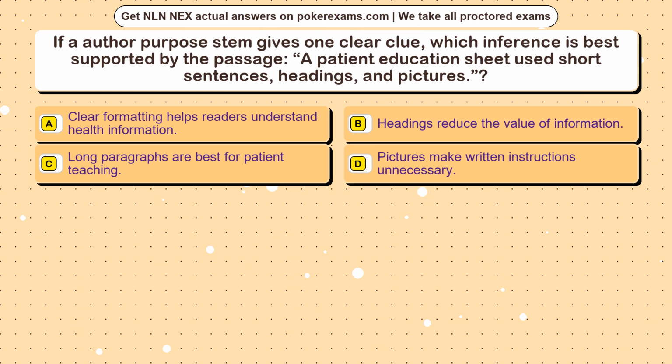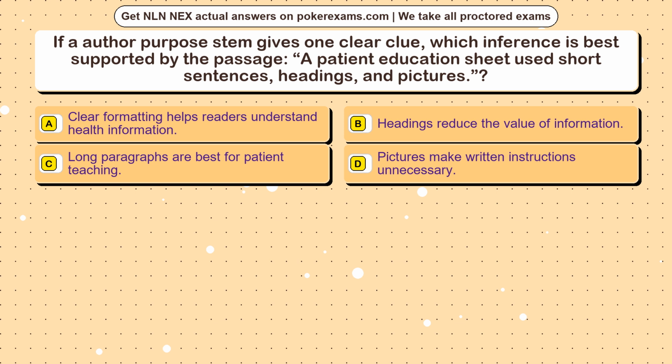Question 4. If an author-purpose stem gives one clear clue, which inference is best supported by the passage? A patient education sheet used short sentences, headings, and pictures. Option A. Clear formatting helps readers understand health information. Option B. Headings reduce the value of information. Option C. Long paragraphs are best for patient teaching.